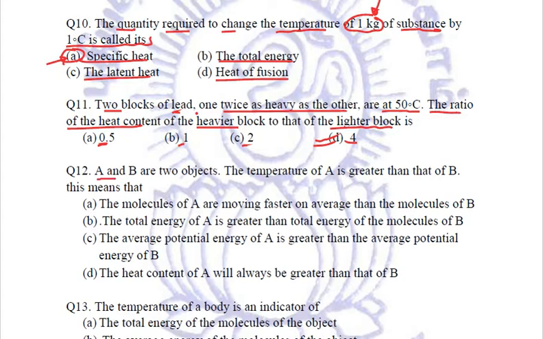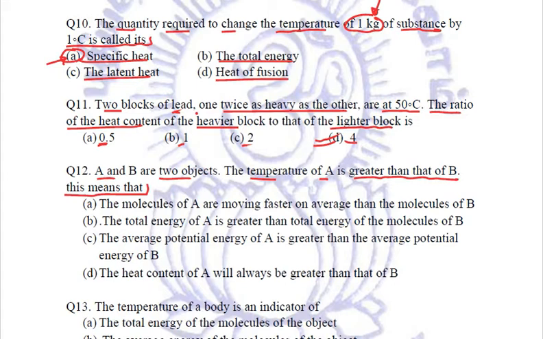A and B are two objects. The temperature of A is greater than that of B. This means that, what does it mean? 4 options are given to us. Let us try to relate the options one by one.